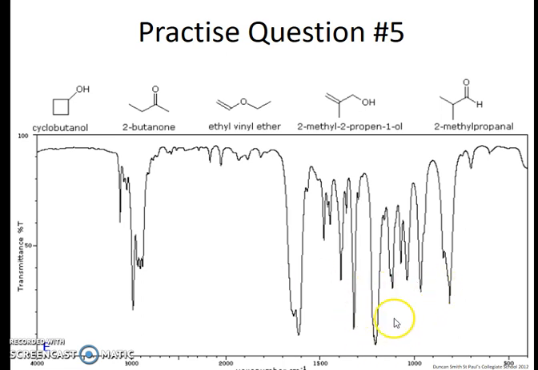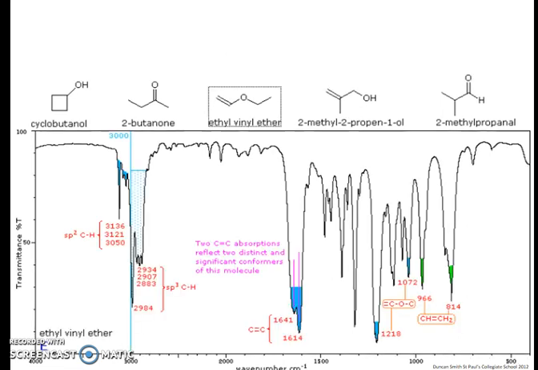There is also a peak at about 1200 wave numbers, which could easily be a carbon-oxygen stretch. So the indications point towards this being ethyl vinyl ether, and it is most likely to be. However, this one's not as clear-cut as some of the others. Luckily, ethers are not likely to be assessed in this assessment.